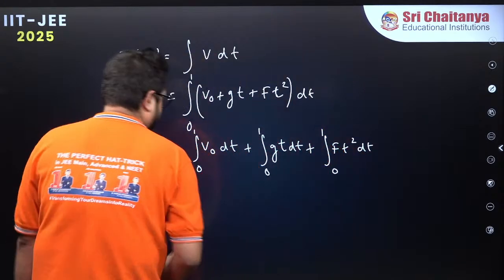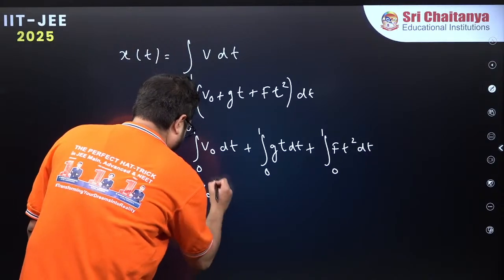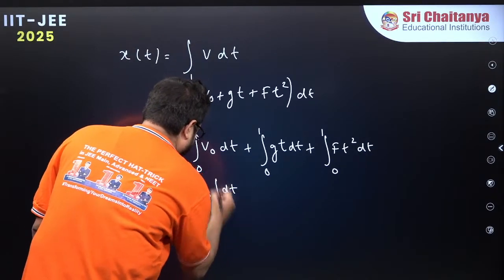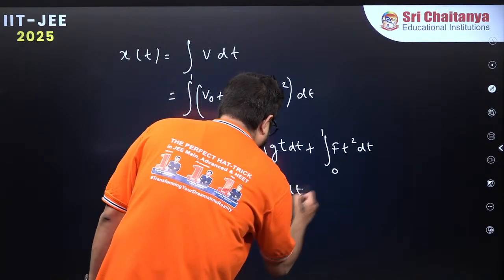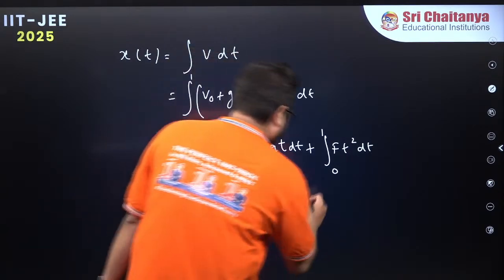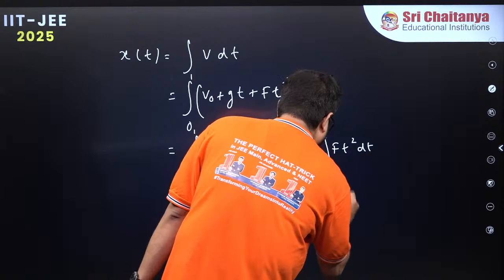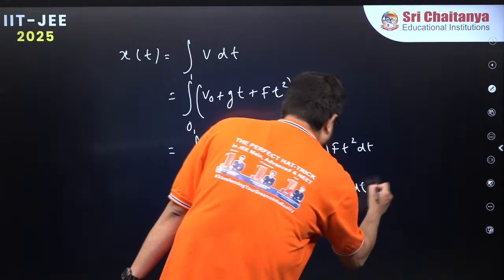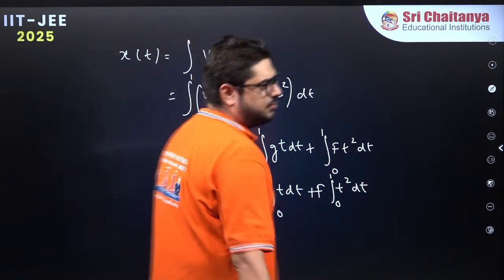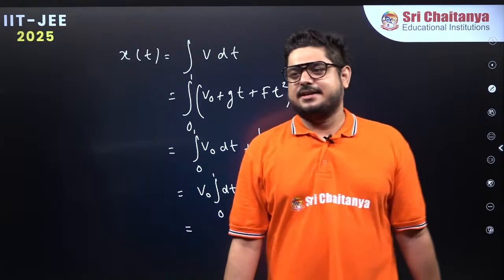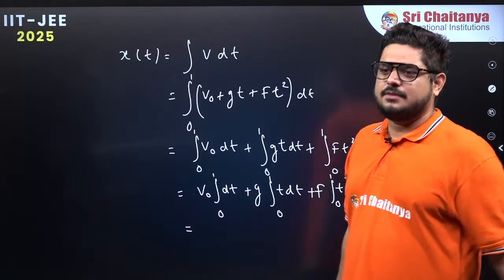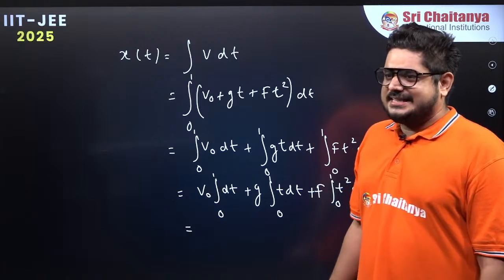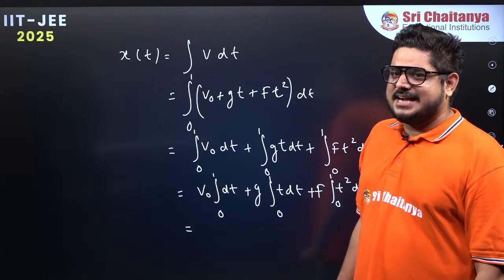So as a result, what I will be getting? v naught is constant, integral of dt 0 to 1, plus g is constant, integral of t dt limit 0 to 1, plus f integral of 0 to 1 t square dt. Okay? Now tell me, what do you think will be integral of dt? What is integral of dt, everyone? Write it down there in the chat box.